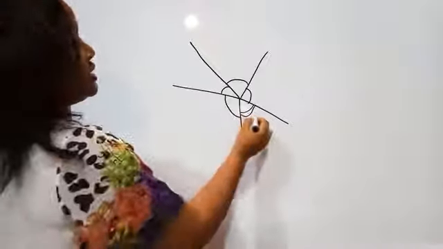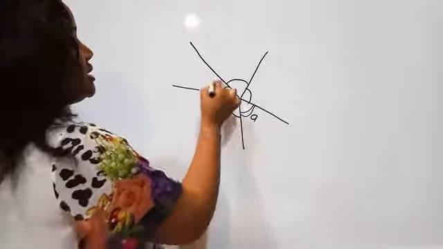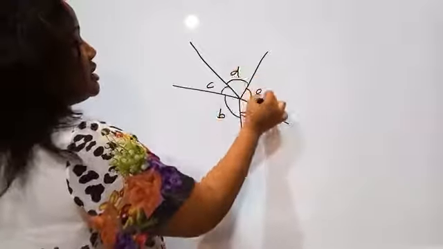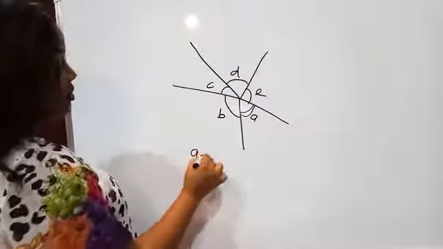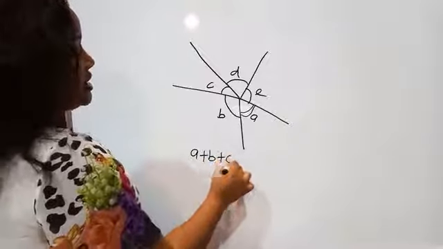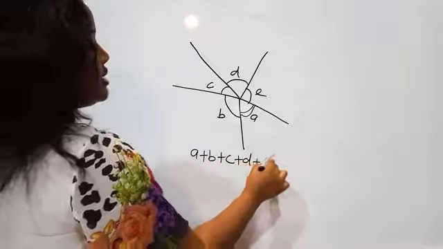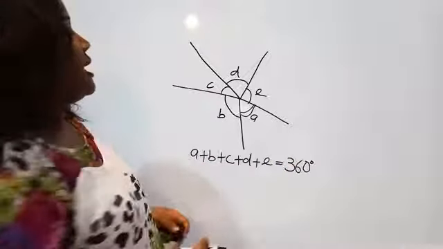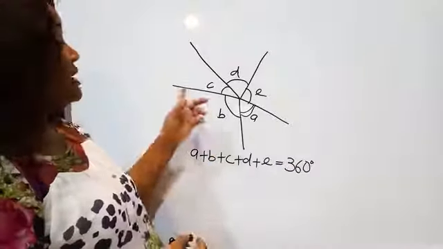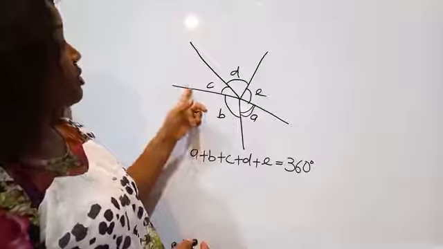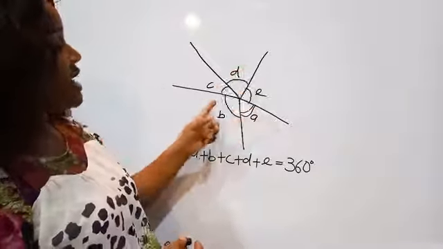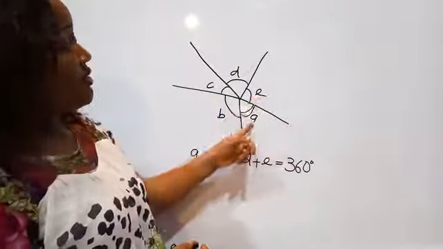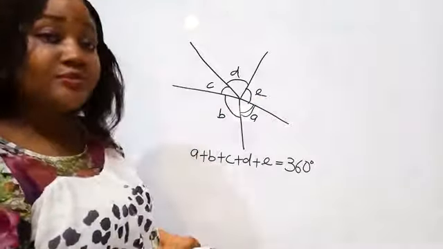So assuming we call this A, B, C, D, E, we have A plus B plus C plus D plus E equals 360 degrees. And it's important to note that the number of lines equal the number of angles. Here we have 1, 2, 3, 4, 5 lines, and we have 1, 2, 3, 4, 5 angles.